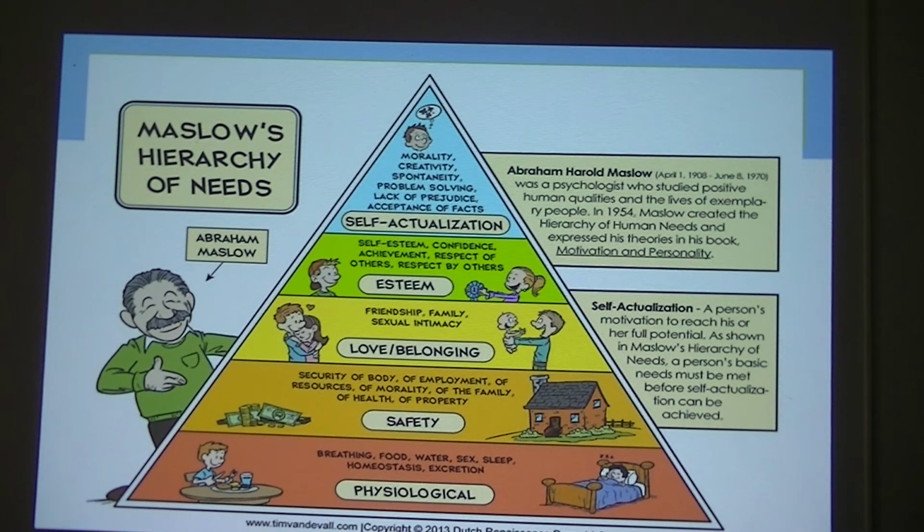Or do you feel safe at work? Or do you go into work every day feeling like you might lose your job? Okay? So think about an abusive relationship. At home, they may have all their basic needs. But if a person is in an abusive relationship, they're probably not meeting this need of safety.